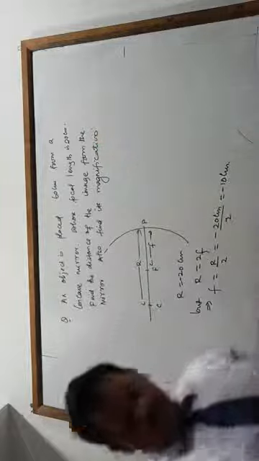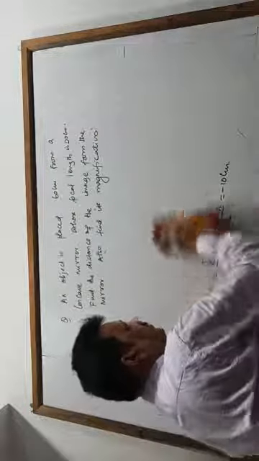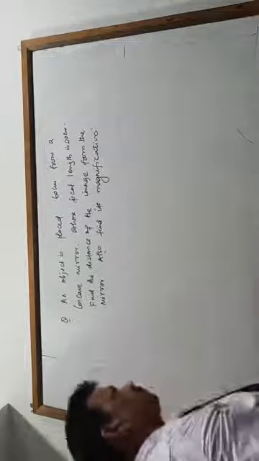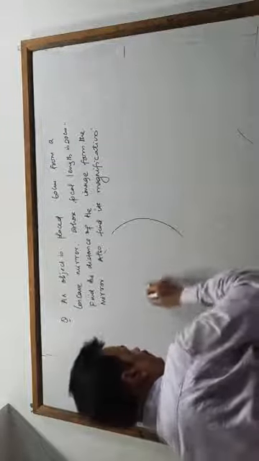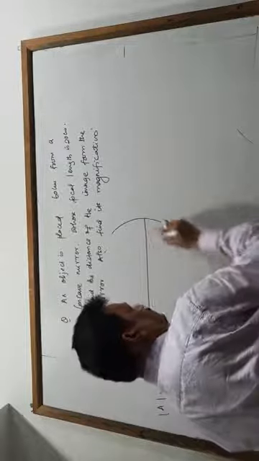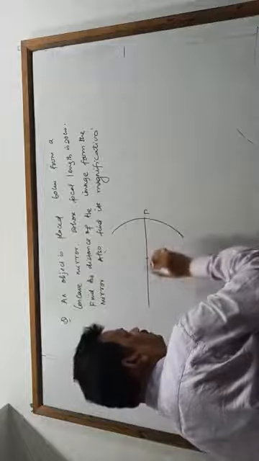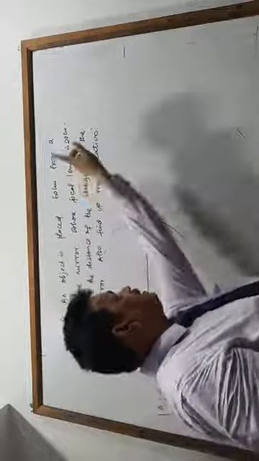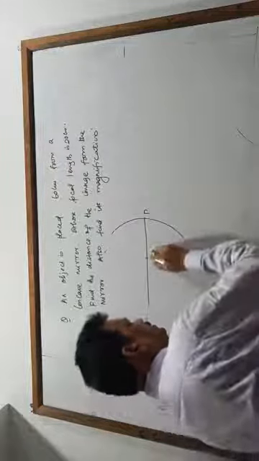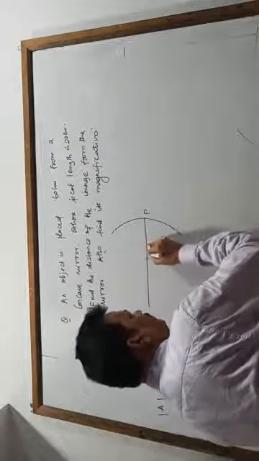Okay. So if you draw a correct diagram, your concept will be clear. First you draw a concave mirror. Pole, this is your focus, whose focal length is 20.